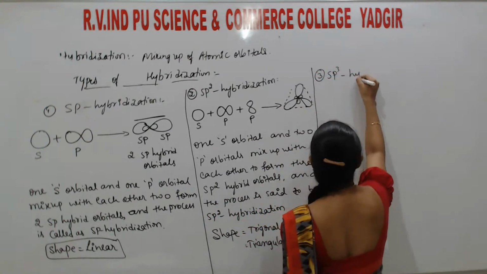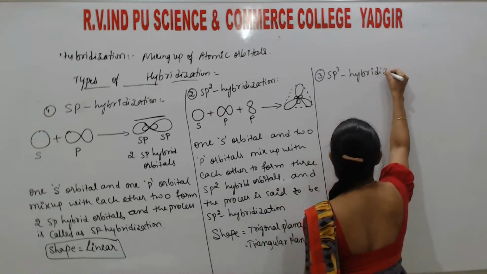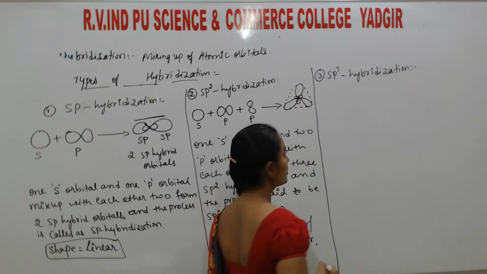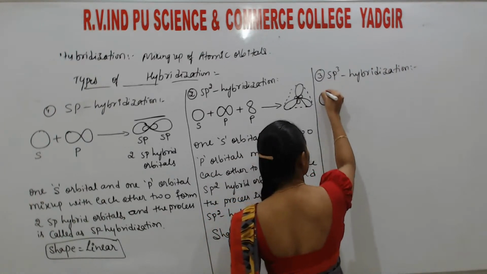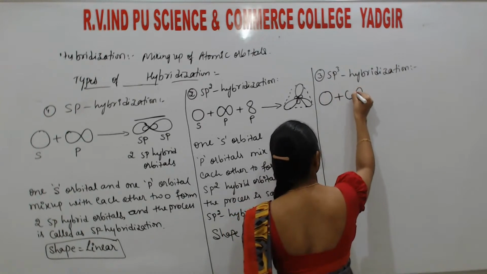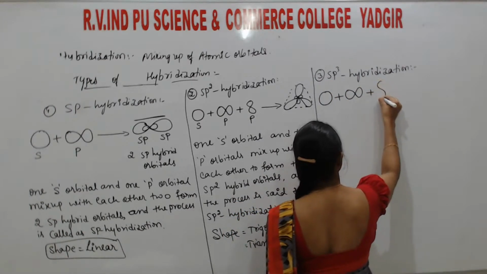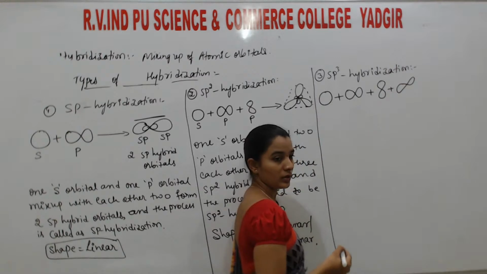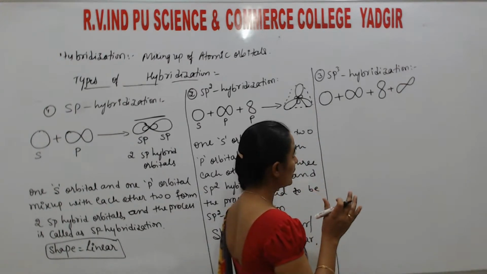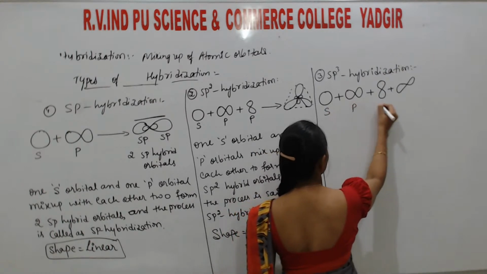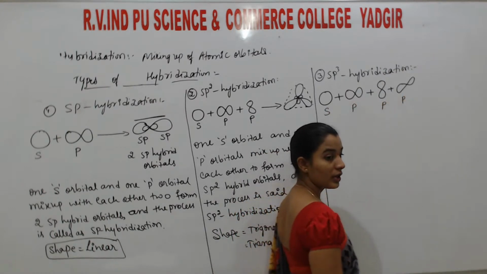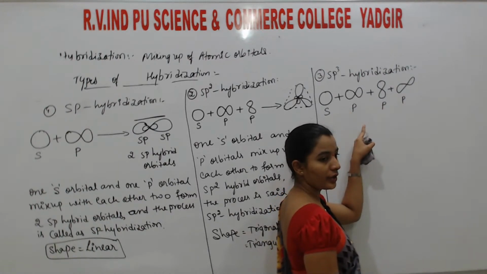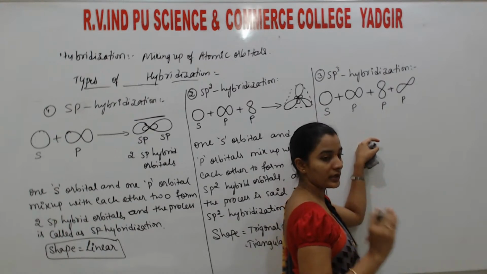sp3 hybridization. sp3 hybridization. So remember here, one s orbital, 3 p orbitals: px, py, pz. So one s orbital and 3 p orbitals. Therefore, listen, 1, 2, 3, 4 orbitals are involved in hybridization, means 4 hybrid orbitals will form.